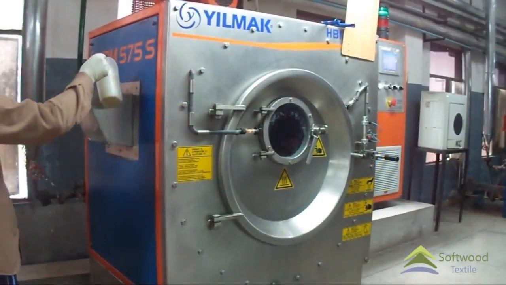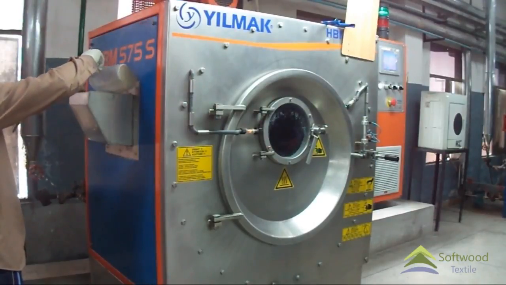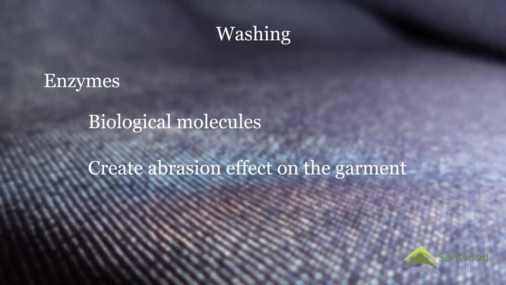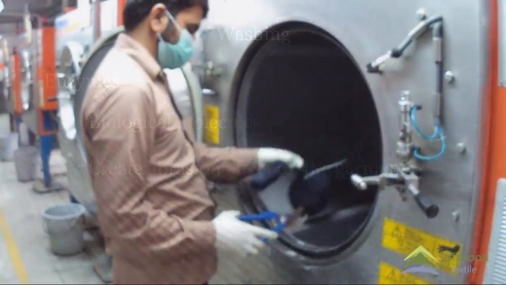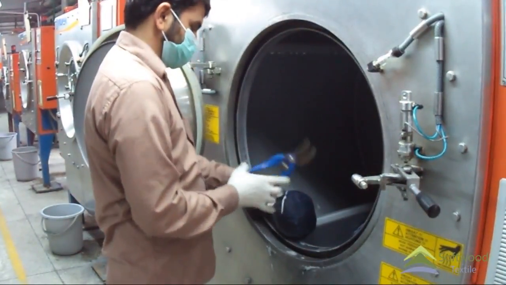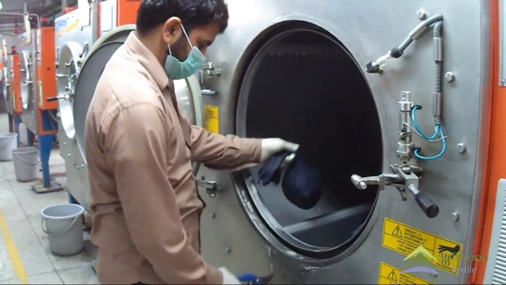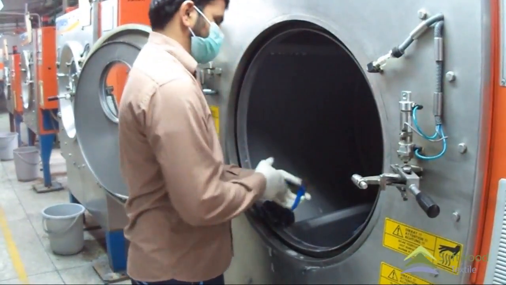Enzymes are now added into the machine. These are biological molecules that act as catalysts and help creating an abrasive look on the body of the garment. The process is run for another 10 minutes, after which the machine is stopped and ties are opened.